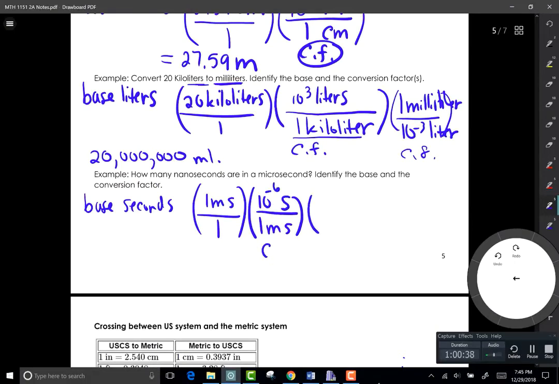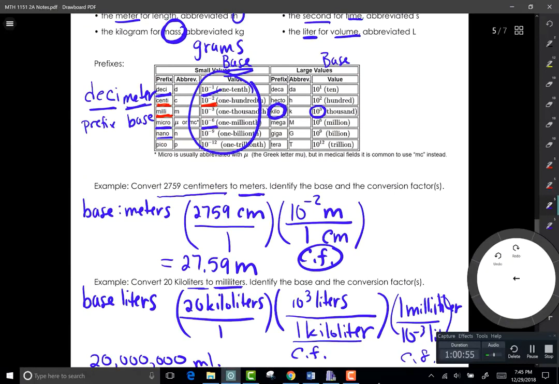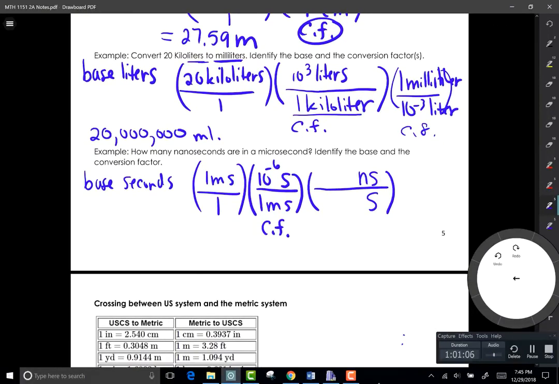There's my first conversion factor. Now I'm going to convert seconds into nanoseconds. If I look at nano, 1 nanosecond is equal to 10 to the negative 9 seconds.